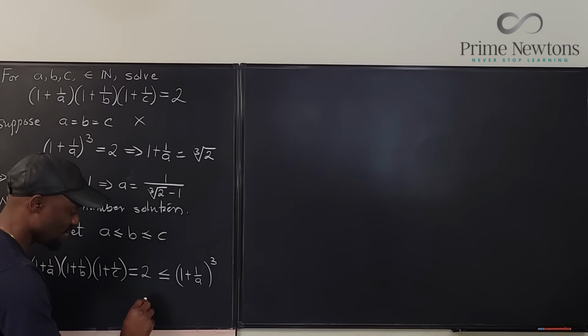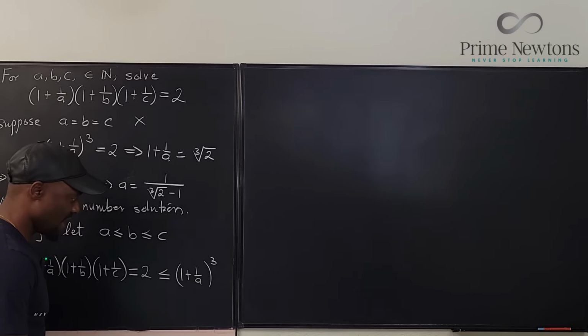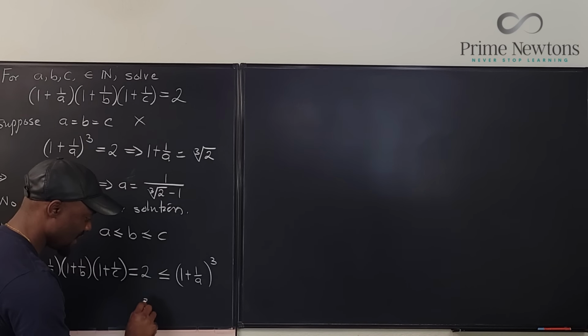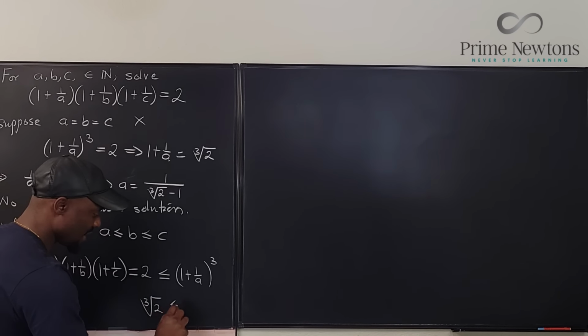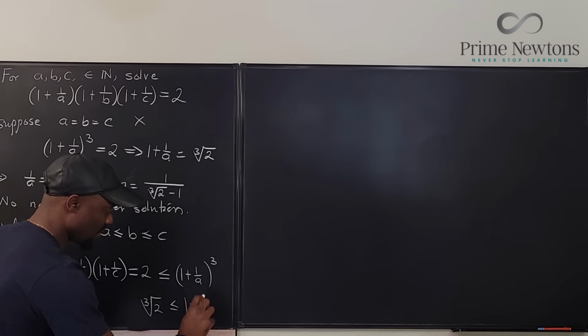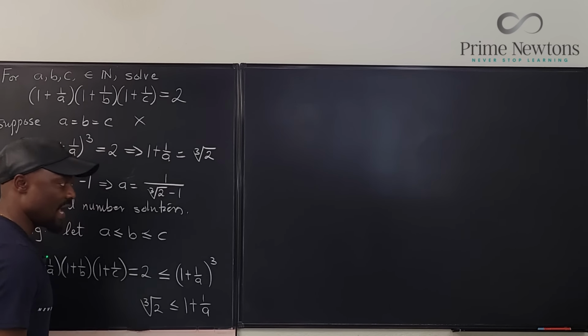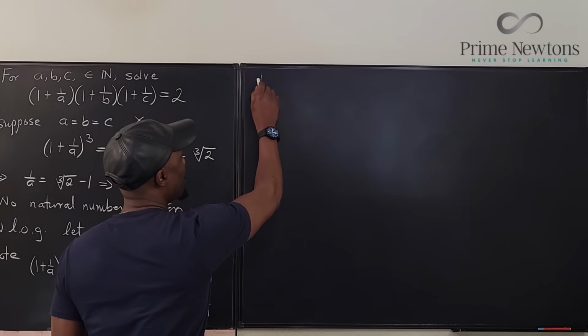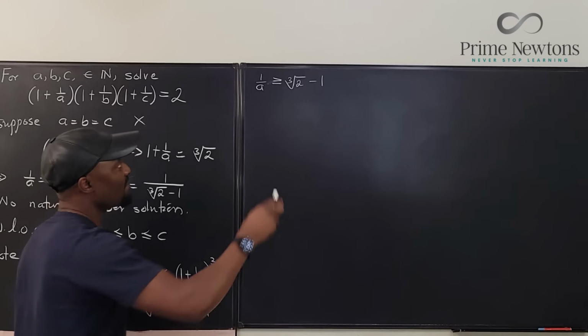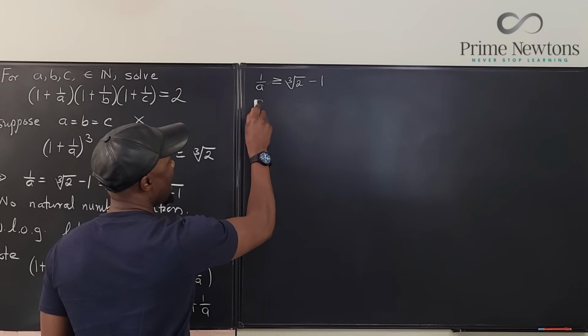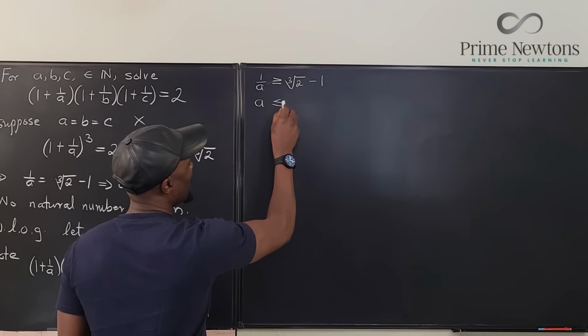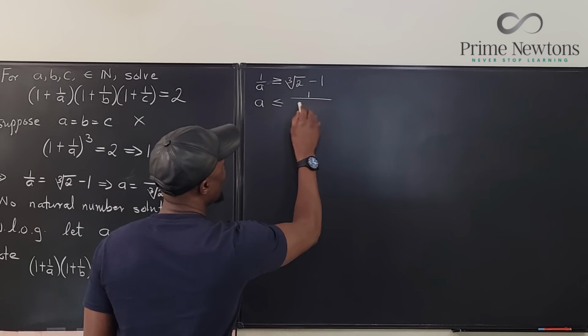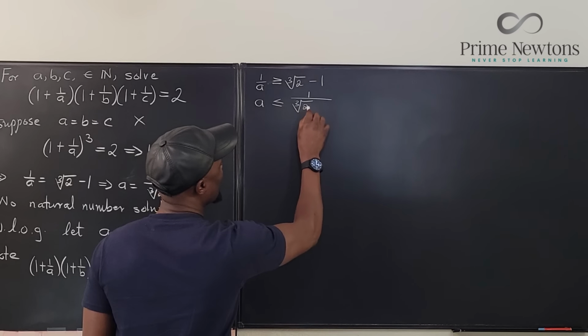Now, if I take the cube root, just like what I did before, what do I have? I take the cube root of 2 is less than or equal to 1 plus 1 over A. So I have 1 over A. So that means if I flip, A is less than or equal to 1 over the cube root of 2 minus 1.